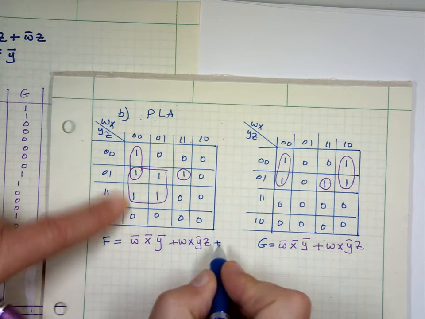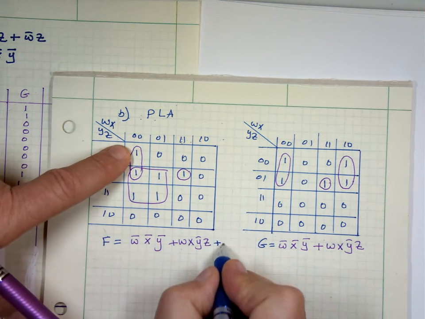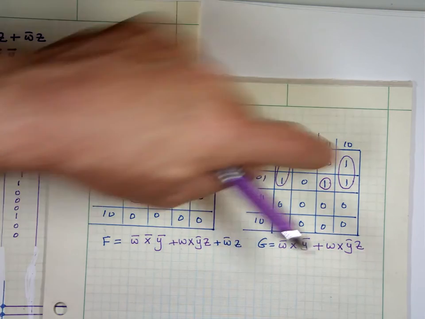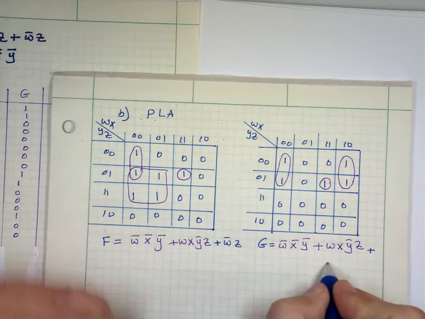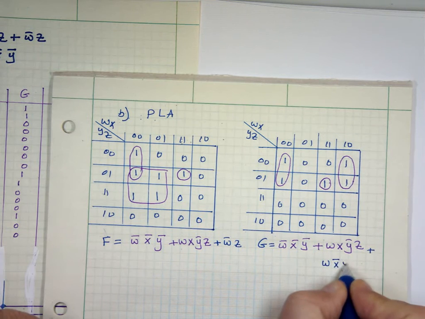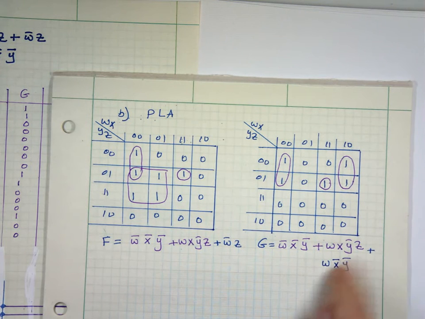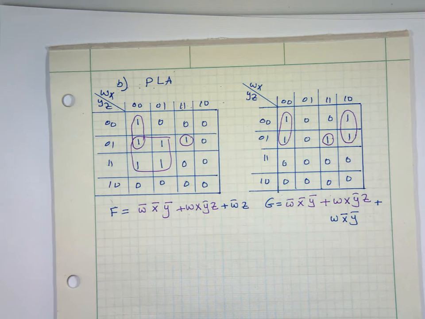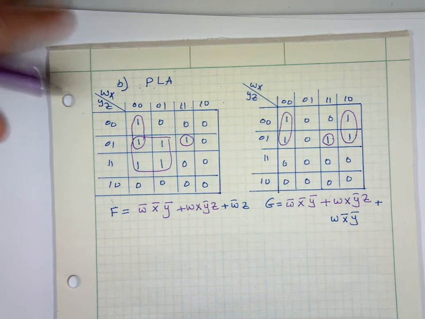These 4, and that's W bar, Z, and this one has one more, and that's what? W, X bar, Y bar. 1, 2, 3, 4. It's a design using PLA 4 terms. This is my 4 terms.